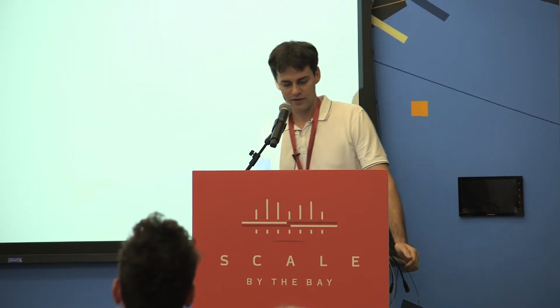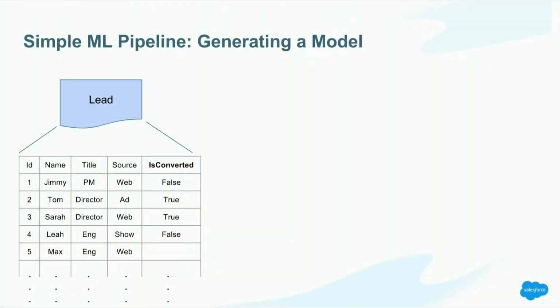In this data set, we have only two interesting columns: title, and where the lead came from, the source. Of course, the real lead object at Salesforce has many more fields, but I won't bother you with that. Generally, when we build a model, we take a bunch of historical data. We run it through some ELT process where maybe we put it into a data warehouse or a data lake.